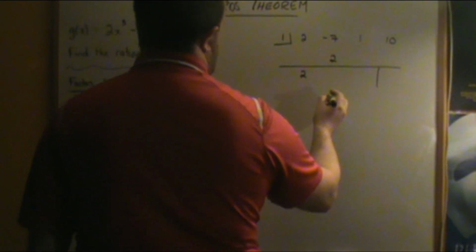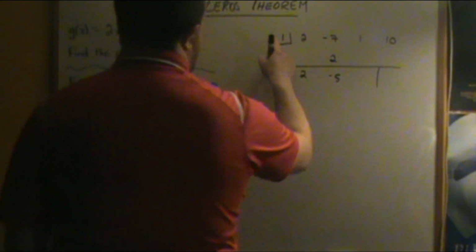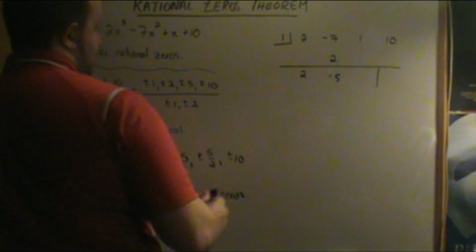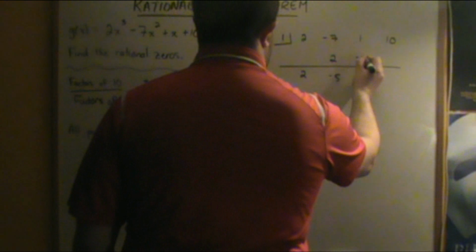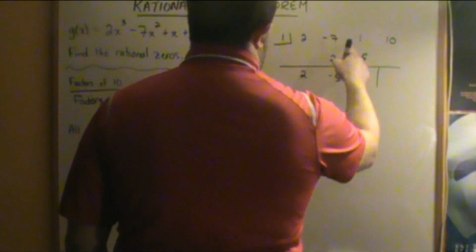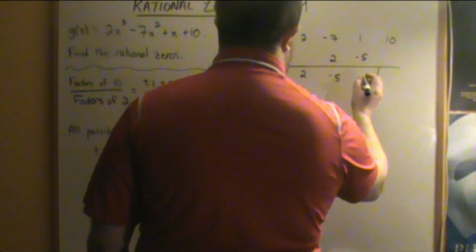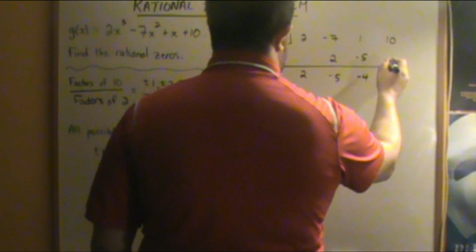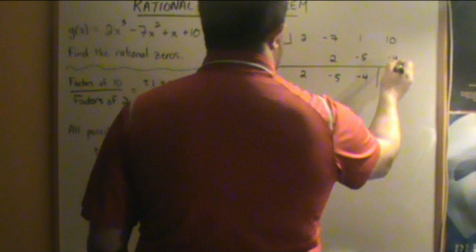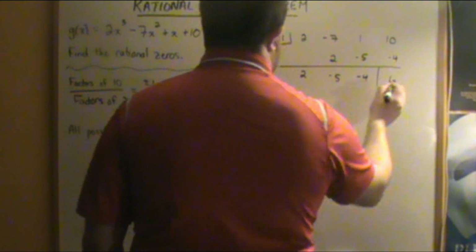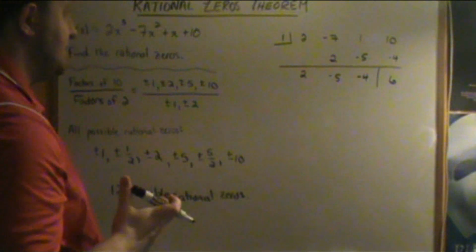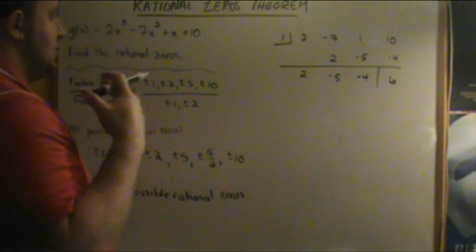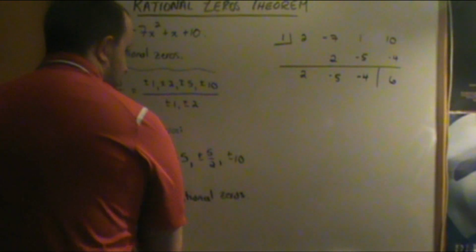Negative 7 plus 2 is negative 5. 1 times negative 5 is negative 5. Negative 1 plus negative 5 is negative 4. 1 times negative 4 is negative 4. 10 plus negative 4 is 6. We don't have a 0 here. So we need to keep going here.